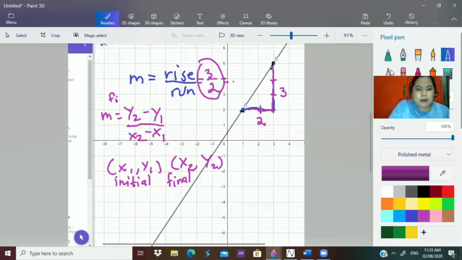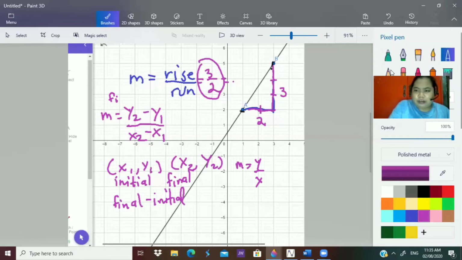So, ang concept niya, since ang slope natin ay rise over run, parang yan ay y over x because y is rise and x is run. But since ang slope is parang pagkuha ng distansya ng linya, ang mangyayari is final minus initial.